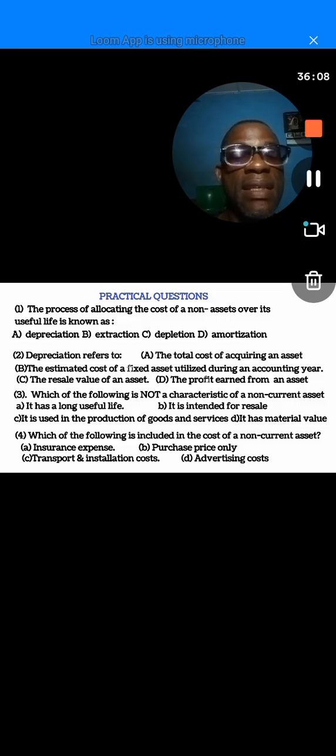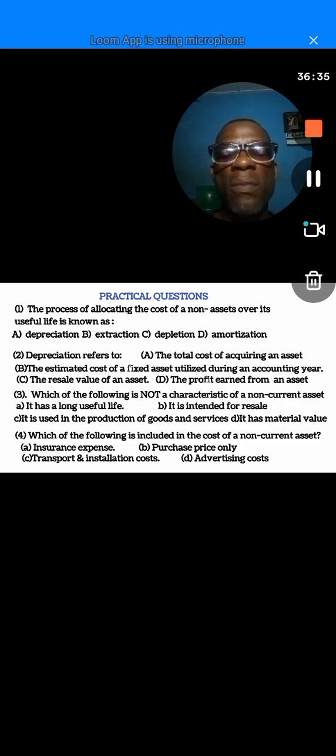And D, it has material value. A, it has a long lasting life, that is a characteristic. B, it is intended for resale. Fixed assets are not intended for resale, so that is the answer. The answer for that one is B.